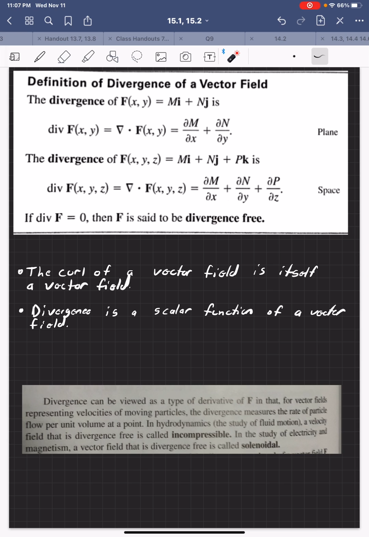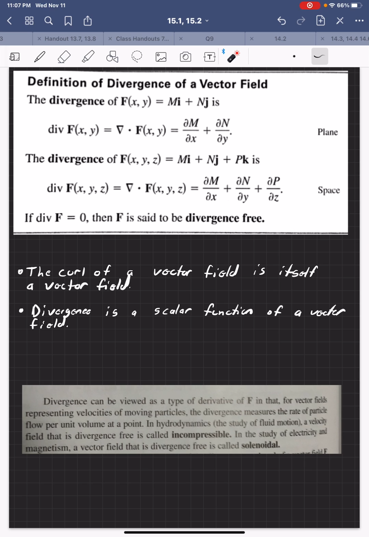But if I'm you, I'm simply asking what the heck is divergence, and I don't know why they punt on that interpretation. This is a passage from the book, and I will just read it so that you have at least some understanding. Divergence can be viewed as a type of derivative of a vector field.